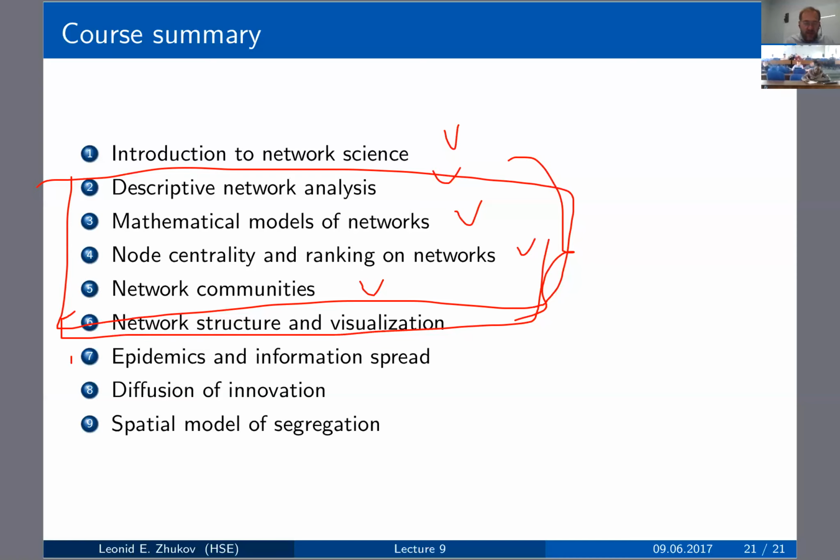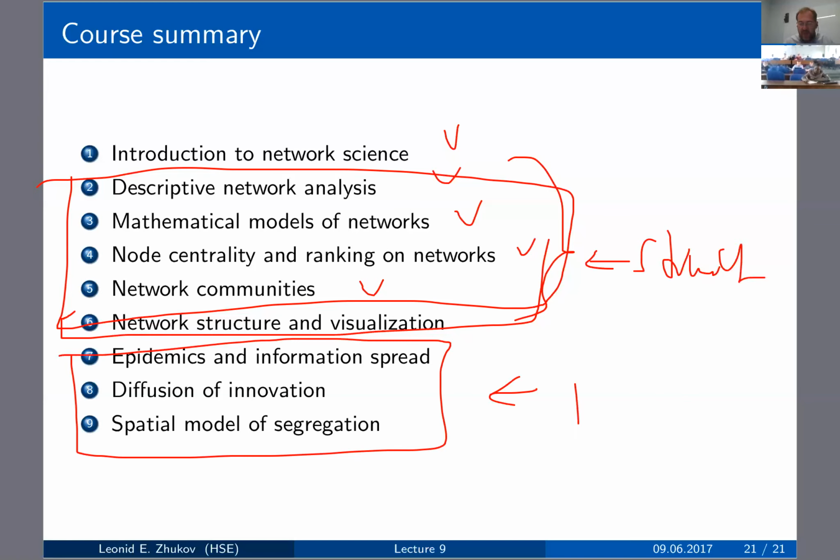And then we had 3 more lectures on the processes. So this is structure, and this is process. On the processes happening on the networks, we talked about the spread of epidemics, like flu or viruses, or information on that substrate of the network. The substrate here is usually either a friendship graph or maybe traveling patterns.